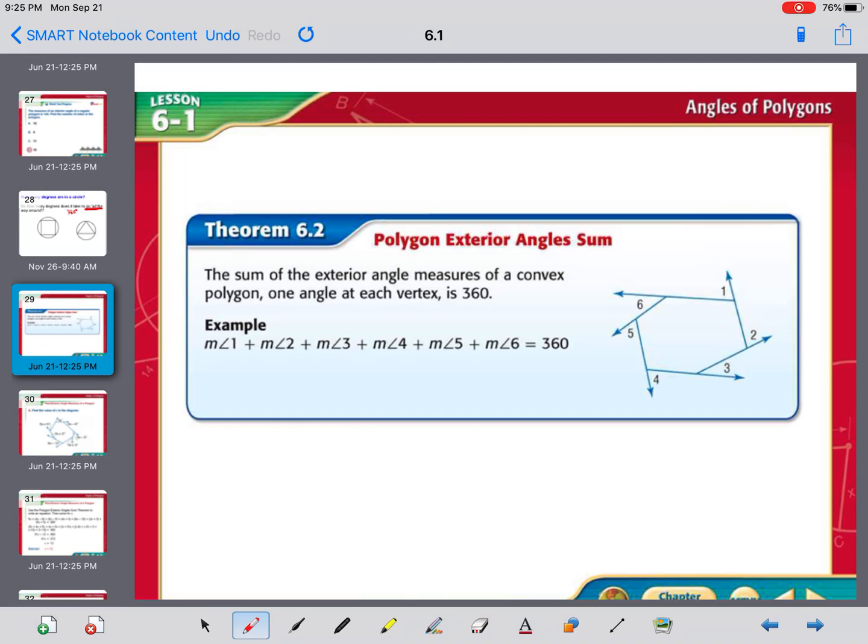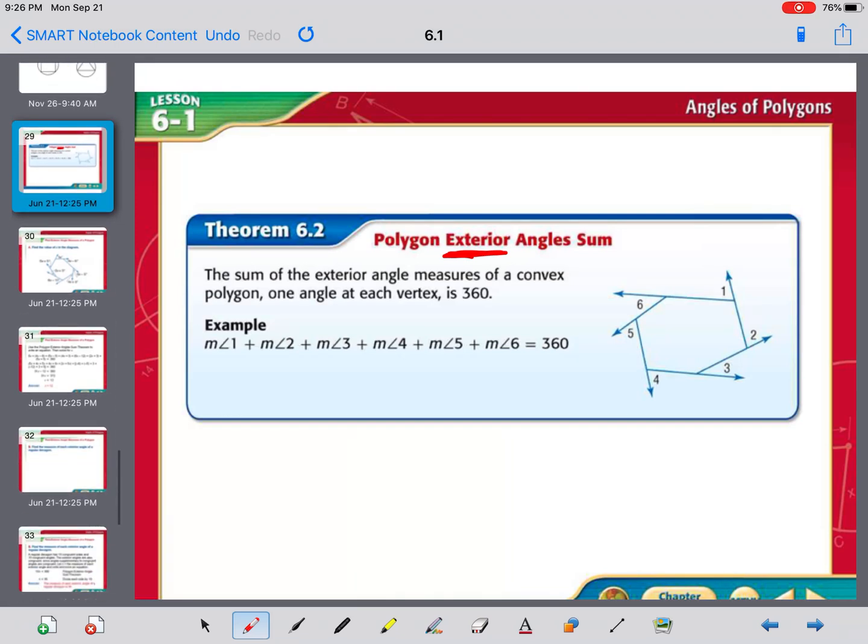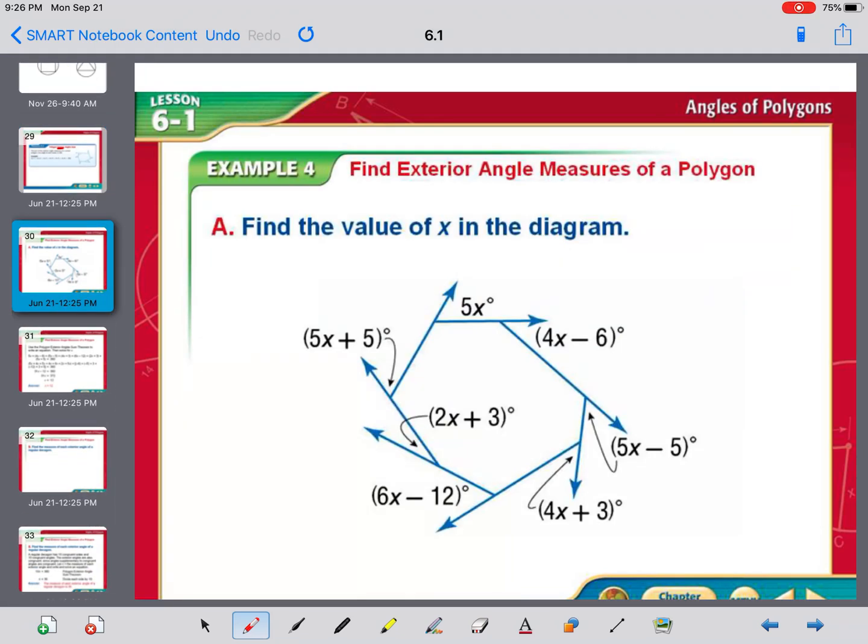So we know that. Now, our discussion so far has been interior. This is exterior. We know that the exterior angles of any polygon add up to 360. I don't care if it's a triangle, rectangle, whatever. It's 360 degrees. I could prove it to you, but I'm not sure we want to take that kind of time.